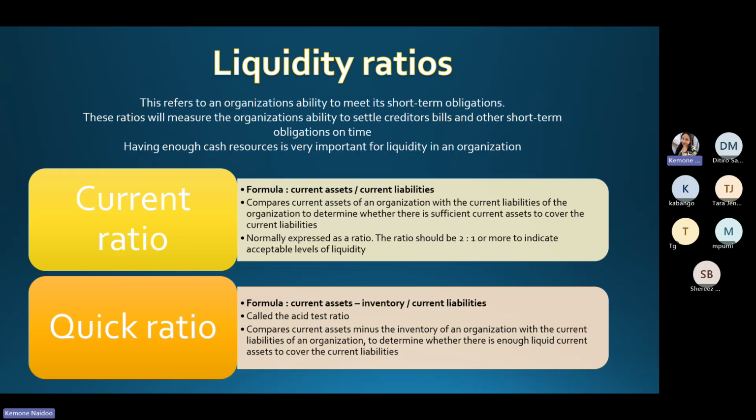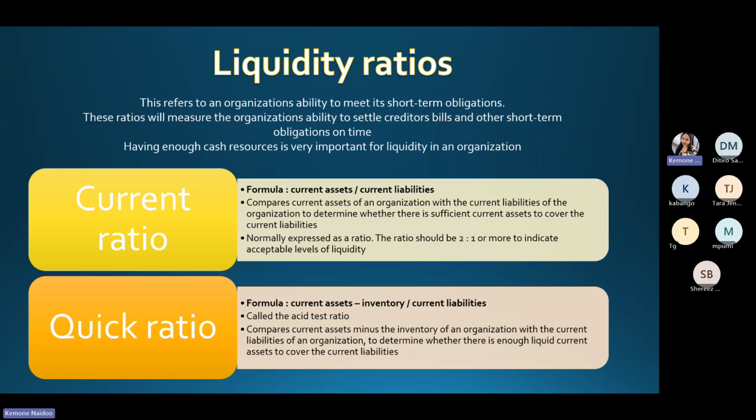That indicates acceptable levels of liquidity. So when you have a question in your exam asking you to calculate the current ratio, they will usually expect you to have something to explain what you just calculated. So once you've done your calculation, you need to go back and state whether or not this is an acceptable level of liquidity or not.